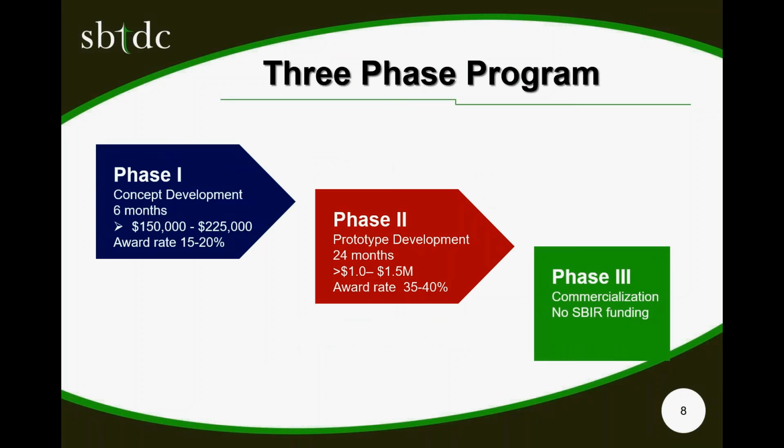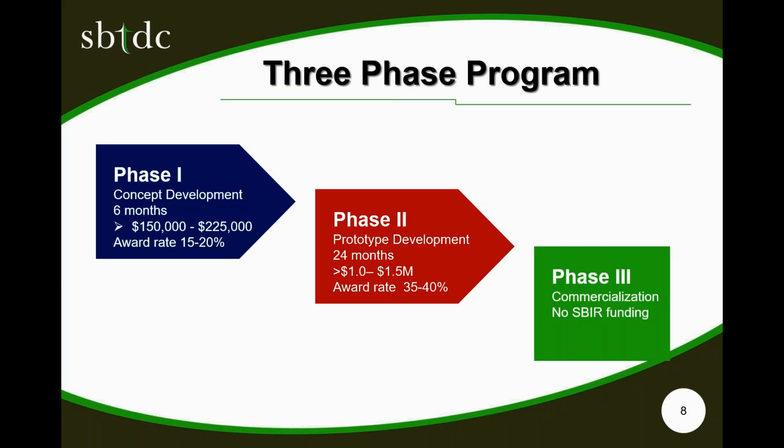So both programs are broken into 3 separate phases. In most cases, you must follow this 3-step cycle or 3-stage process. Phase 1 is funding of roughly $150,000 to $225,000 for you and your business to carry out concept development, proof of concept, feasibility studies, and the like.